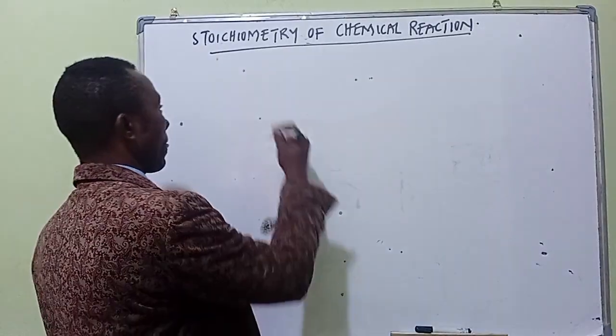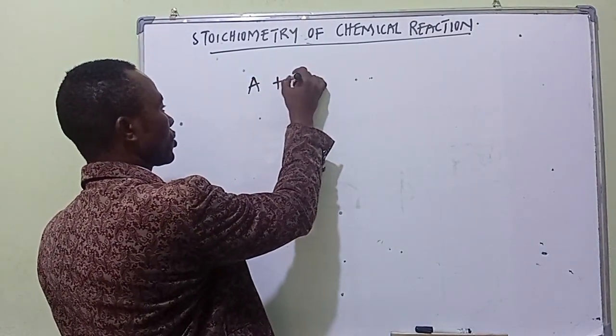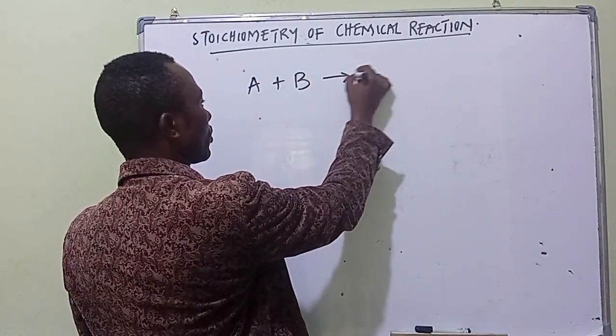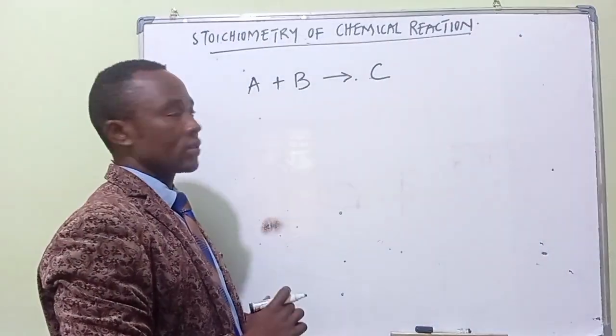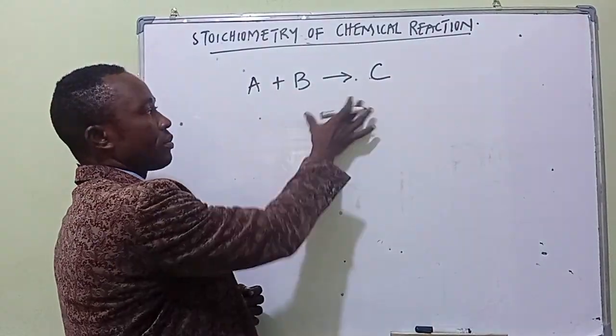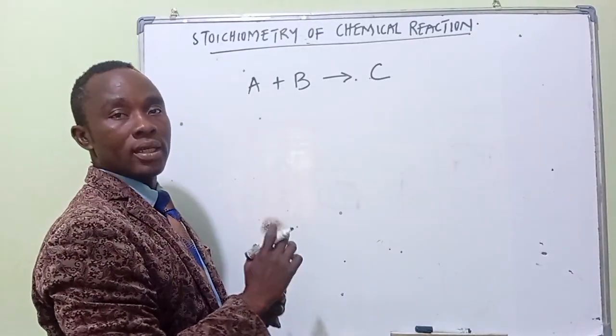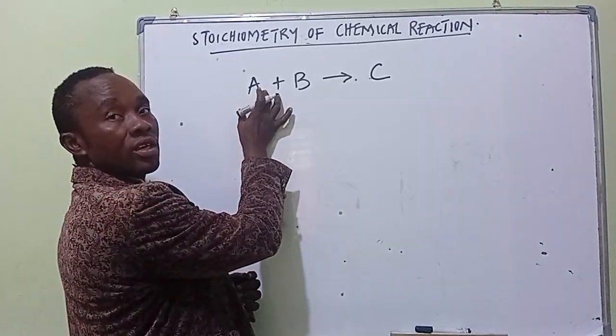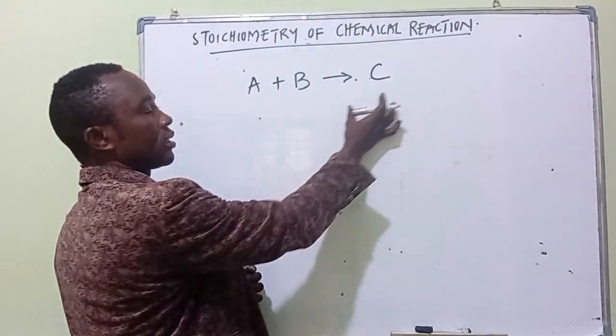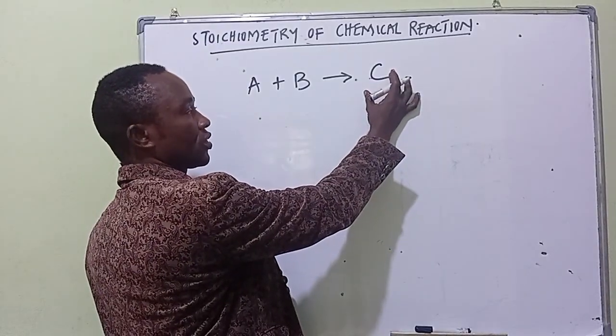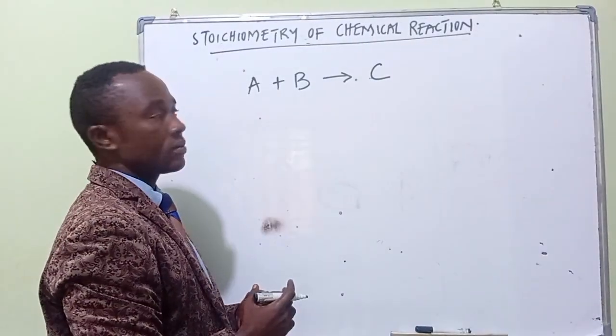For example, if A reacts with B to give us C, now this is a chemical reaction. We might be required to calculate the amount of A that is used or the amount of the product, which is C, that is formed.